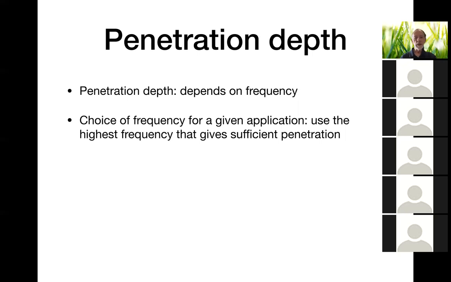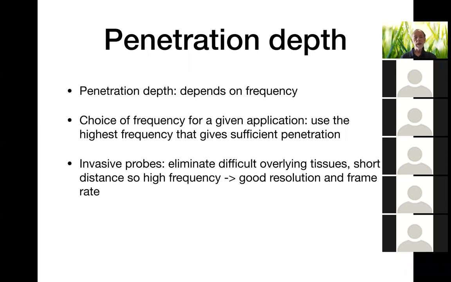So for cardiac imaging, you need to penetrate quite a large number of centimeters, and therefore the frequencies are relatively low. For scanning the carotid artery, you are only penetrating a couple of centimeters, the frequencies are much higher. So the frequency will vary dramatically depending on the area of use.